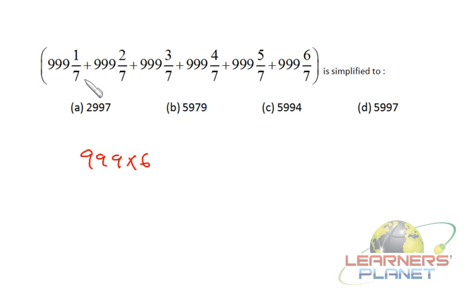Okay, now let's add 1 by 7 and 2 by 7, 3 by 7, 4 by 7, 5 by 7 and 6 by 7. Since the denominator is the same, we can add up the numerators as they are. It is 3 and 3, 6, plus 4, 10, plus 5, 15, plus 6, 21. That means we are getting 21 by 7, that is 3 only. So it's 5994 plus 3, that is 5997. As simple as that.